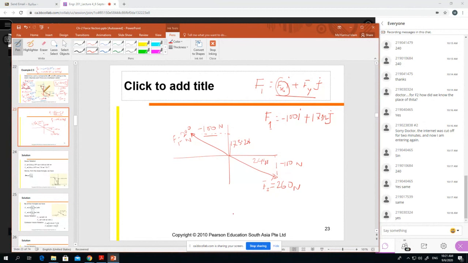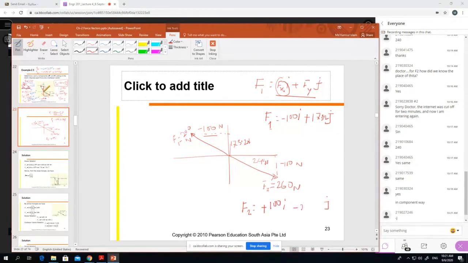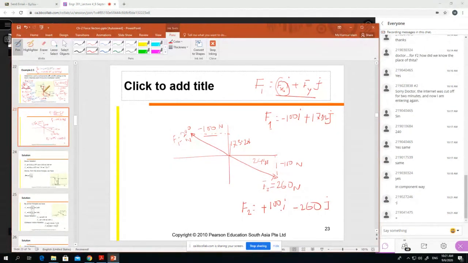So write the Cartesian vector, and F2 equal to again i and j, right? So this one is 240 i minus 100 j. Sorry, I wrote down the wrong number. Not 260, it is plus, what is this component, how much? 240.